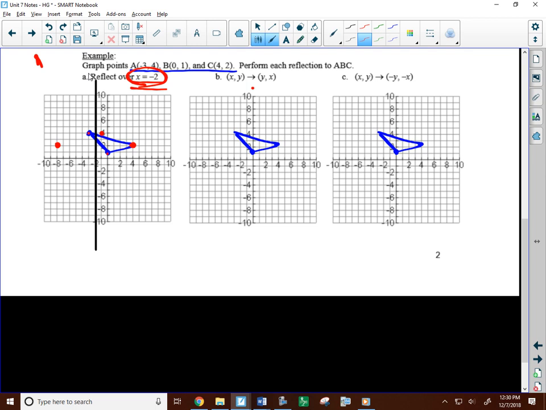B, I count 2 left, and then 2 left again. And looking at that, yeah, it does look like it's reflected. This is a good example too, that the line of reflection can go through the figure itself.